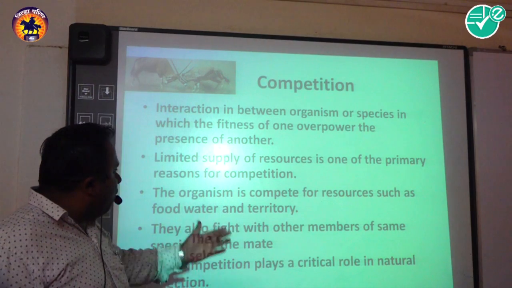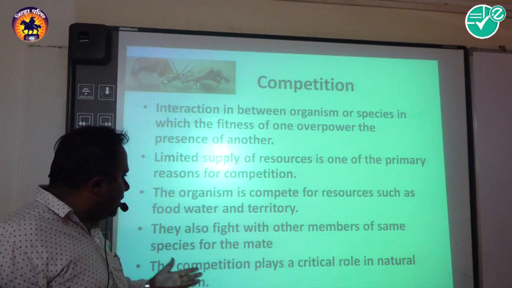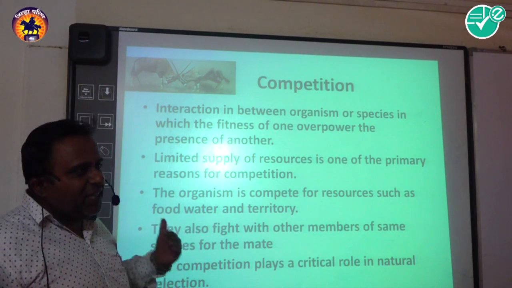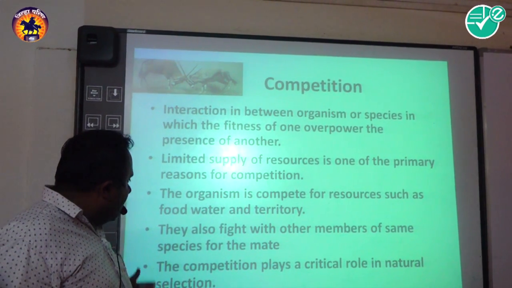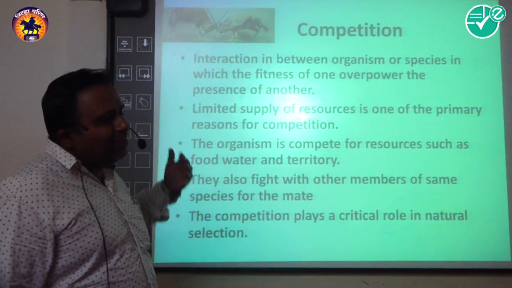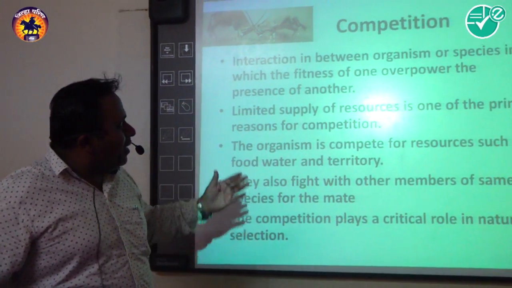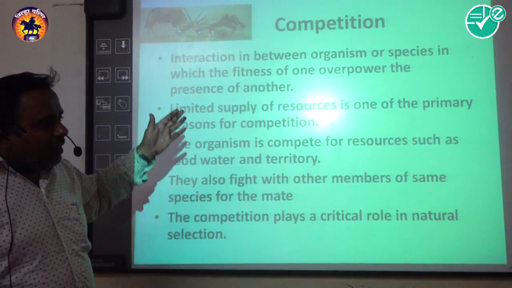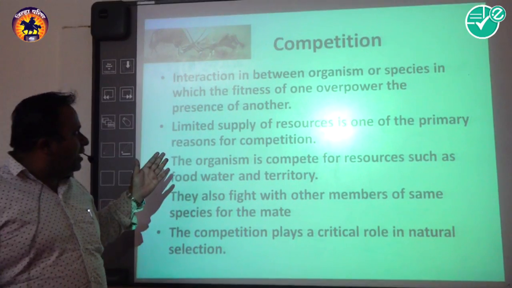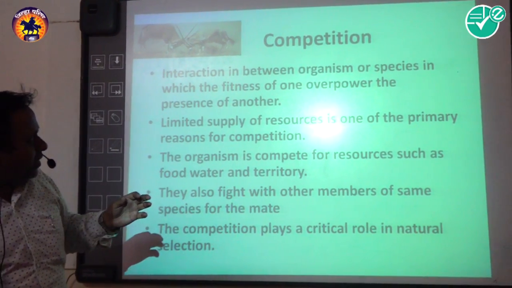They also fight with other members of the same species for a mate. Competition plays a critical role in natural selection. This is the main idea of competition.